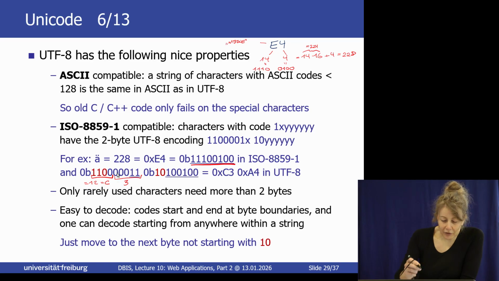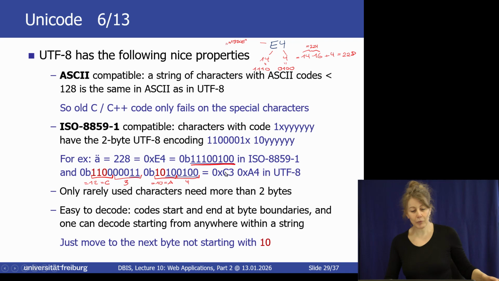Converting hex to binary is really easy if you know this, right? So this is C3, and this is 8 plus 2, so this is 10, which is A, and this is 4. So we know C3A4, and voila, that's what it is, C3A4.